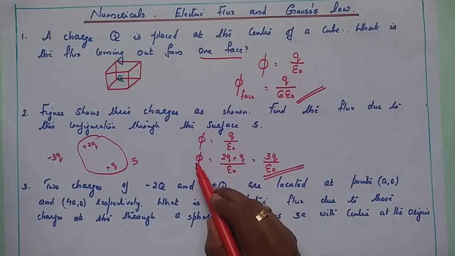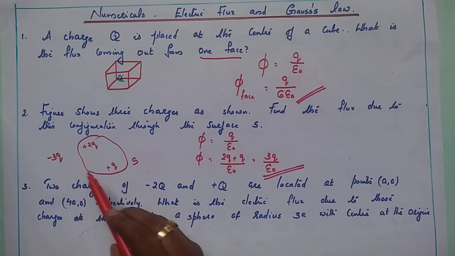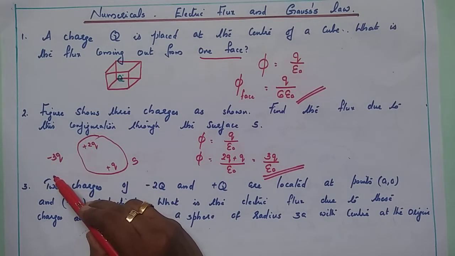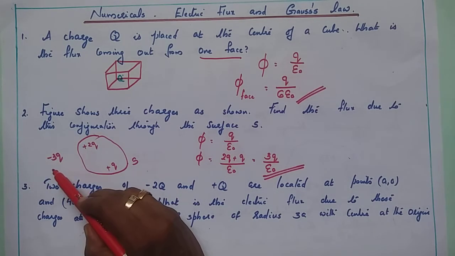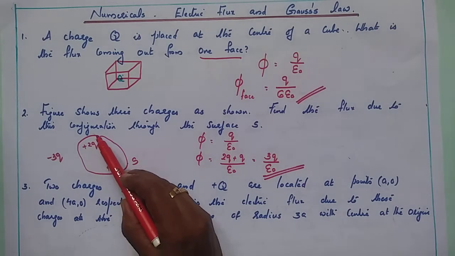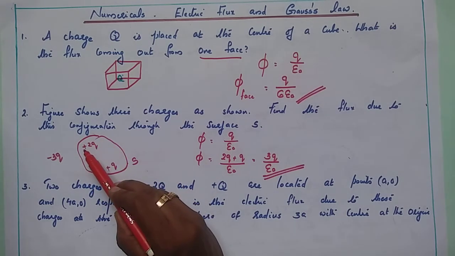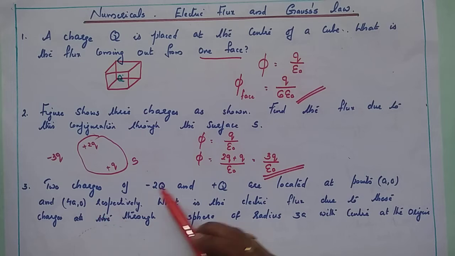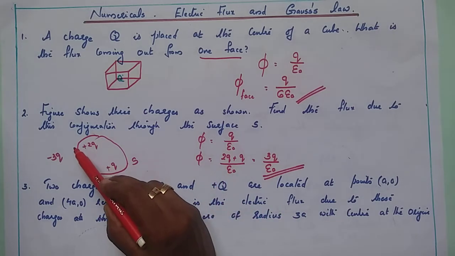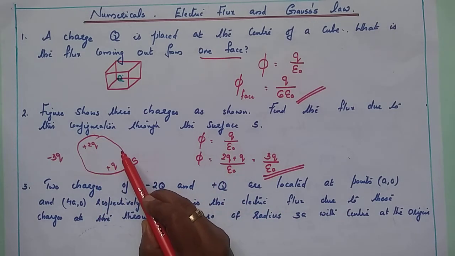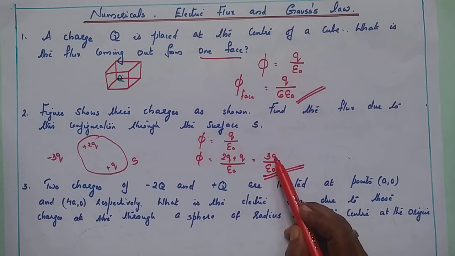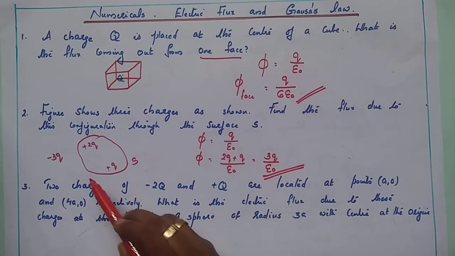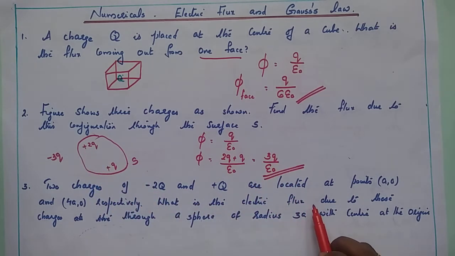If the surface also enclosed minus 3Q, then we could take that minus 3Q also. But in the given question, the surface encloses only 2 charges. Therefore flux is equal to total charge enclosed divided by epsilon 0, that is Gauss's theorem. So here it is 3Q by epsilon 0. Clear? Now pass on to the third question.